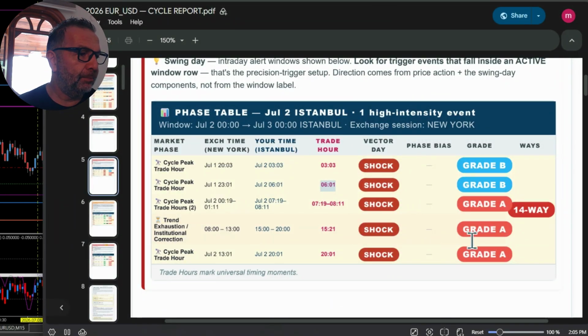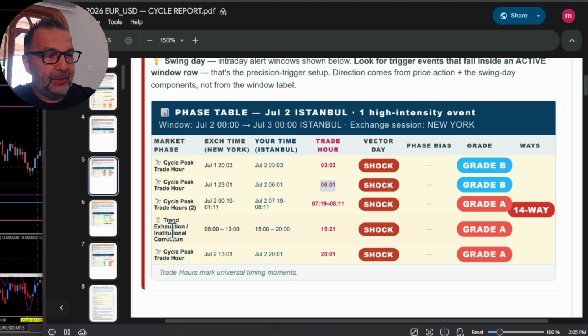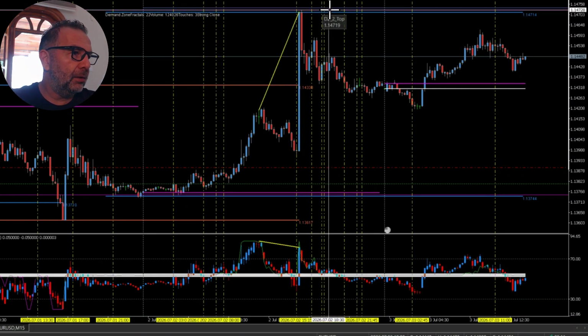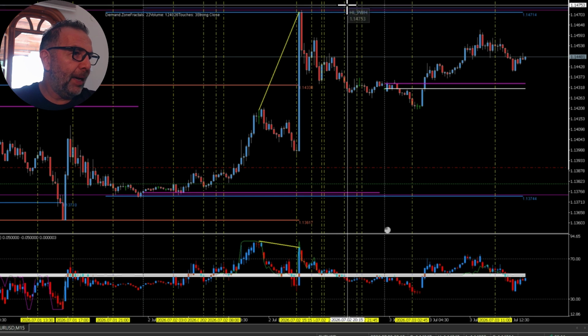All right. And then I've got a cycle peak happening. Look what's happening here. Trend exhaustion and institutional correction from 321. And then I've got a cycle peak at 8 o'clock. And at 8 o'clock we're back down.